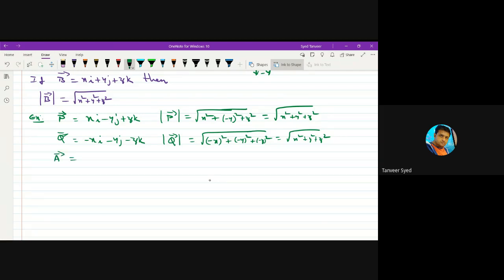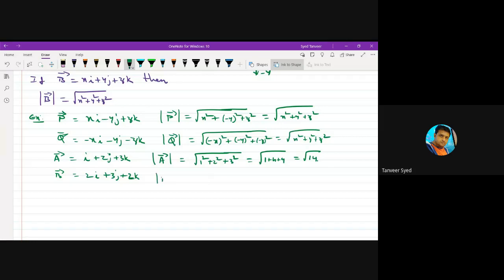A vector A is i plus 2j plus 3k. Then the magnitude of vector A is root of 1 square plus 2 square plus 3 square, root of 1 plus 4 plus 9, root 14. B is 2i plus 3j plus 2k.